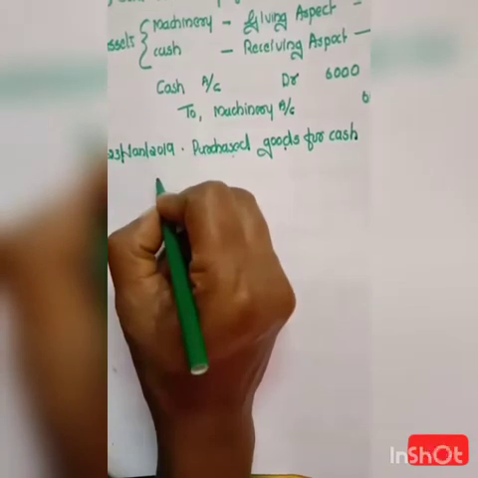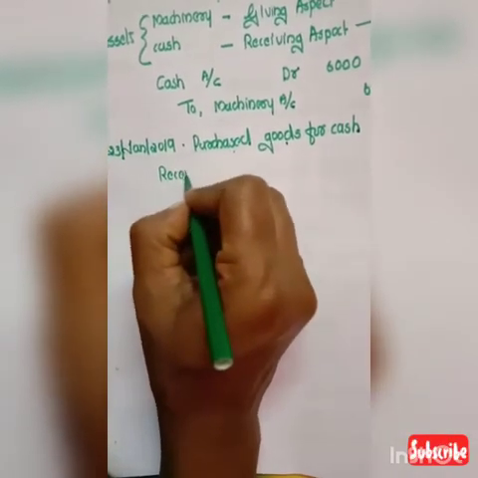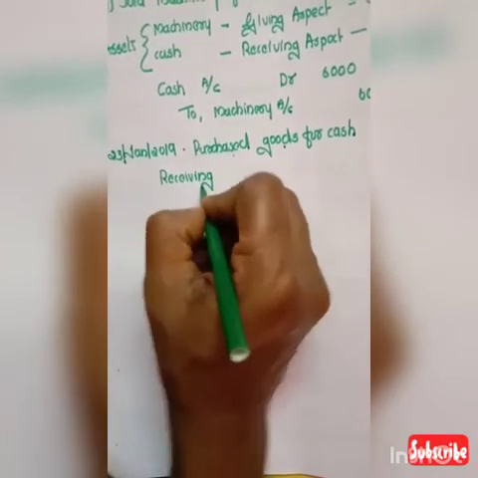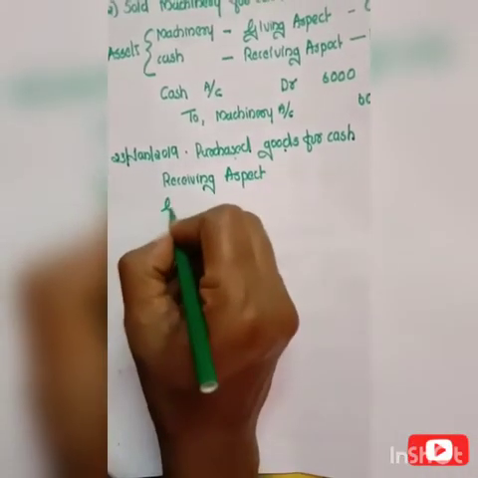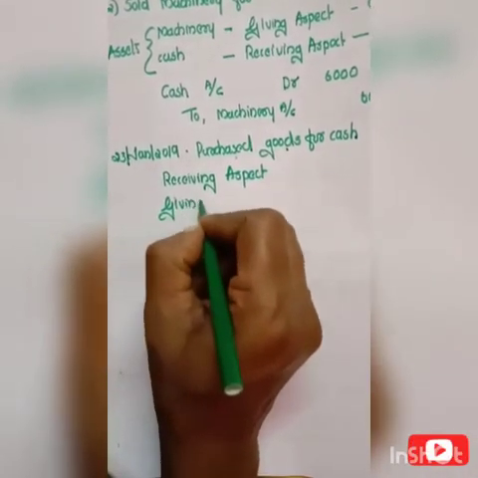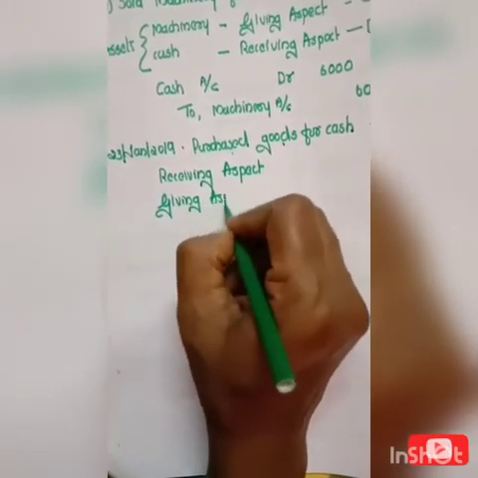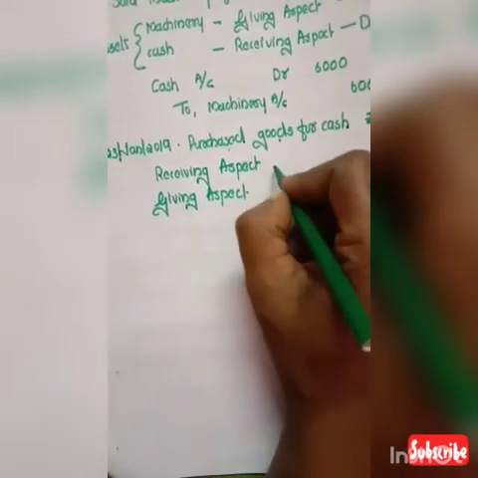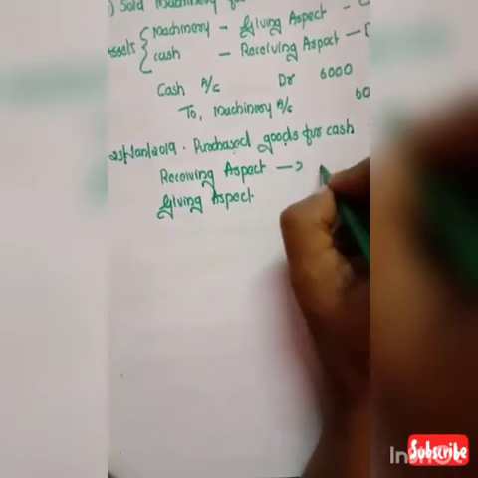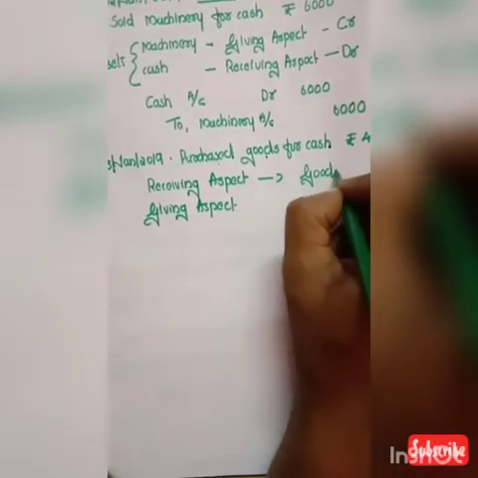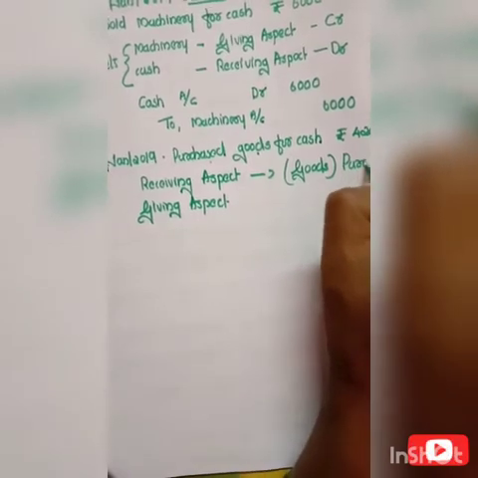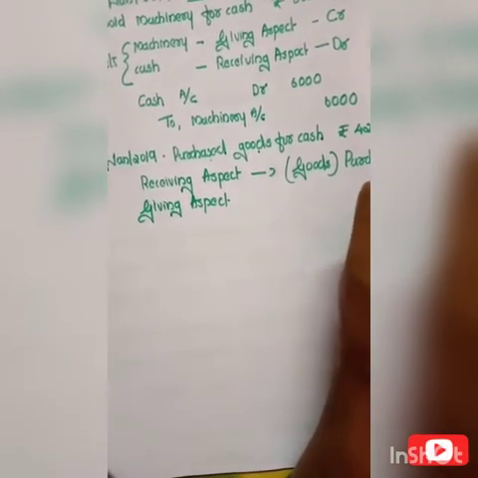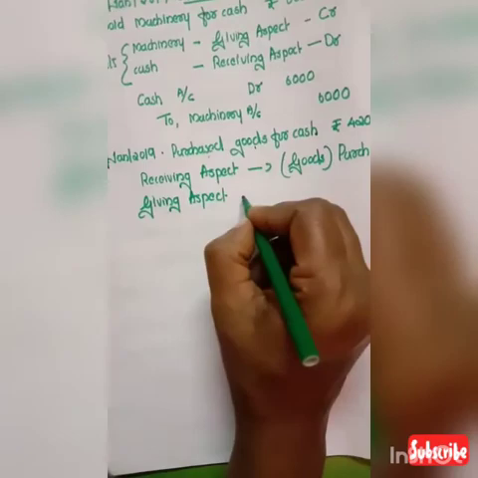Here also two aspects are there, receiving aspect and giving aspect. Receiving aspect is goods. Goods is shown as purchases because we don't know the name of the goods.